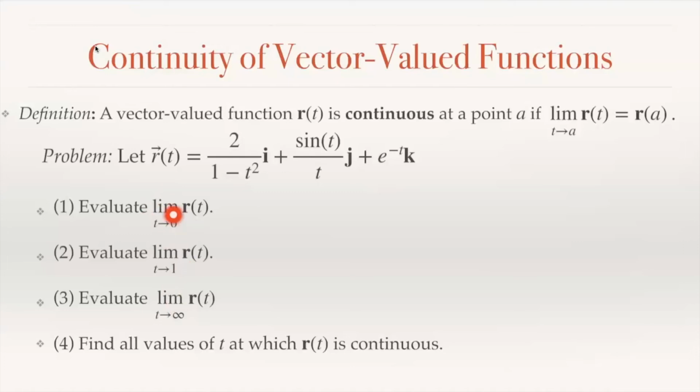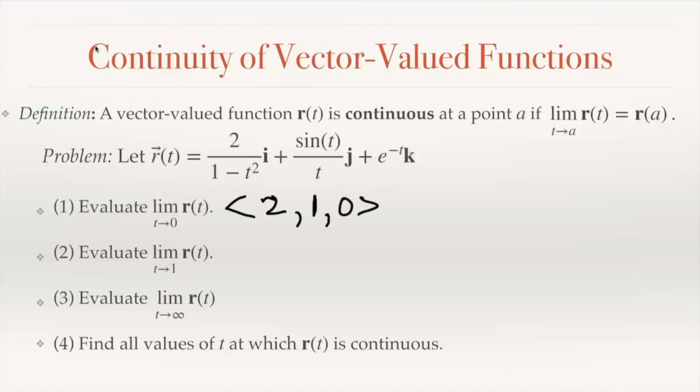Okay, so as t approaches 0, I'm going to say this verbally. So plug in 0, we have 2 over 1 minus 0. No need to do anything there. As t approaches 0, sine t over t approaches 1, just like before with L'Hopital. And as t approaches 0, e to the negative t is e to the 0 is 1.